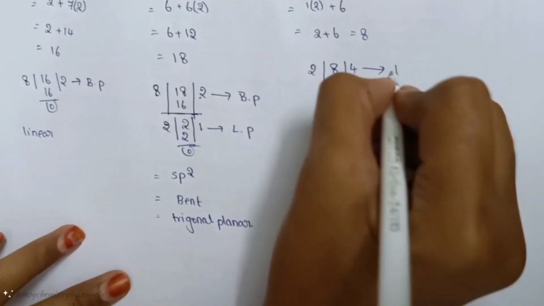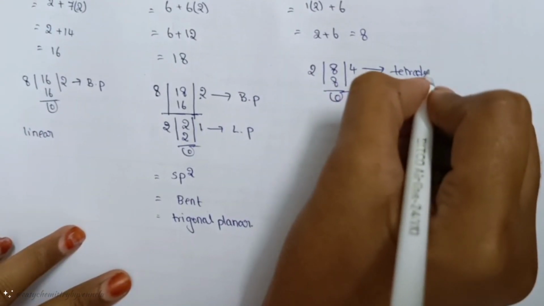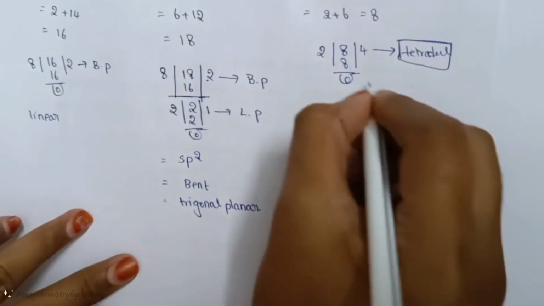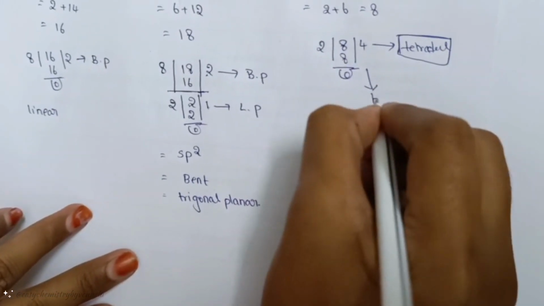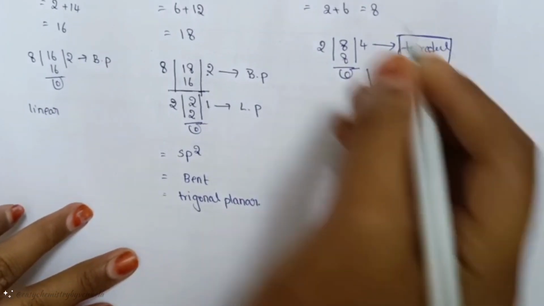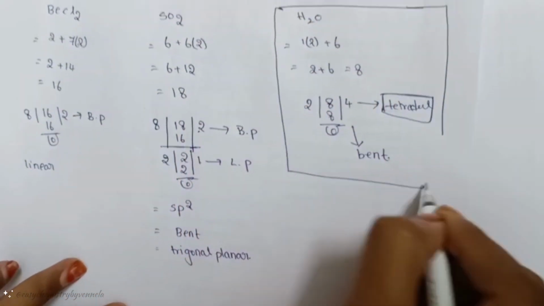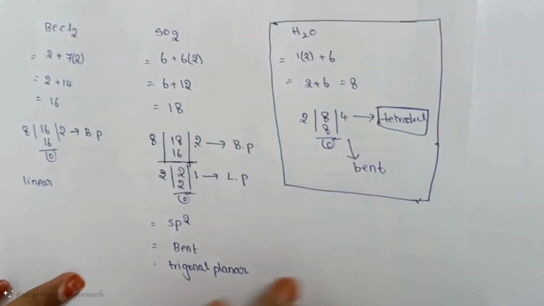Is the shape for water tetrahedral? No, this is the exception, not tetrahedral. The shape is bent. This is the only exception to the trick I gave before.